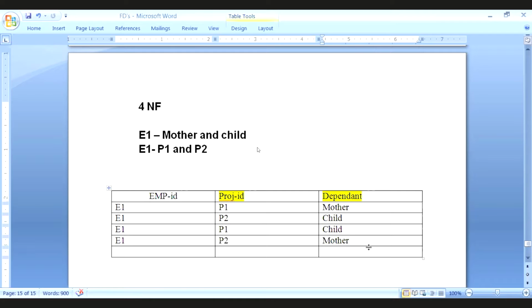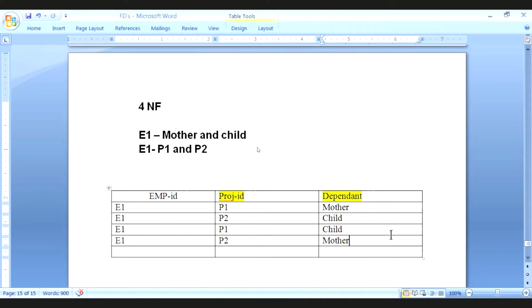It is not only for E1, this case is valid for every such employee who has more than one dependent person and more than one project. So we have to repeat the tuples. This is repetition because we came to know from the very first row that E1 is involved in project P1, but again I'm repeating E1 P1. So this is the redundancy.